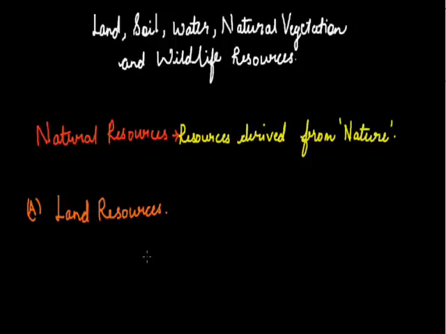land. Now, what is land? Land is the surface or the ground where we stand, where all the vegetation grows, where all the wildlife stays. So land is a very important resource provided by nature.